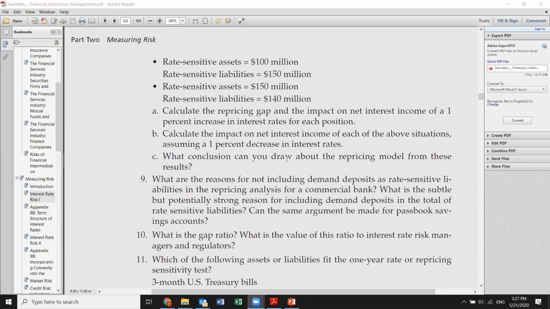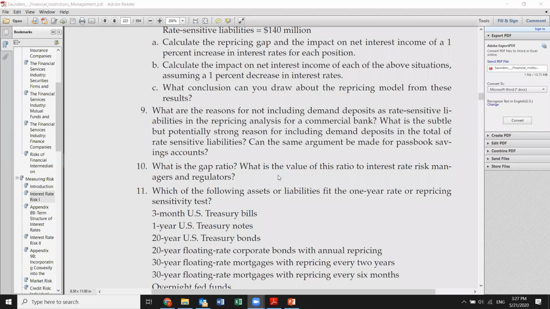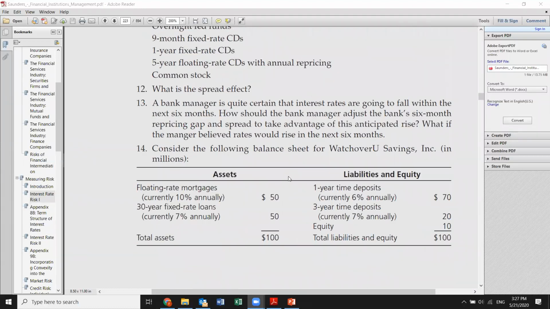Okay, let us move on. Let's say we're given rates here. Guys, this is the example that I wanted to talk to you more about, because here we can see that interest rate affects the asset and liability sides differently. On the asset side, we have floating rate mortgages, currently 10% annually, repriced every 1 year.